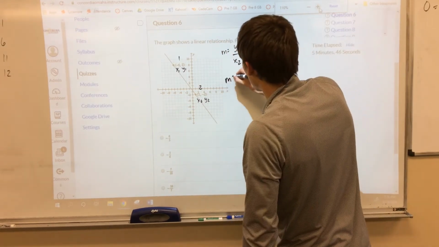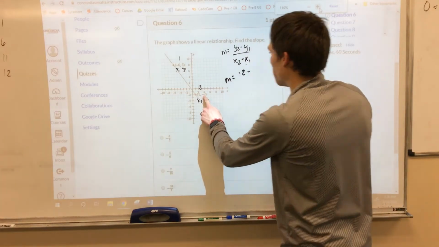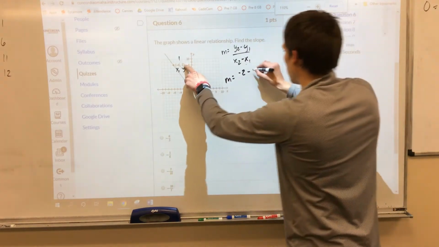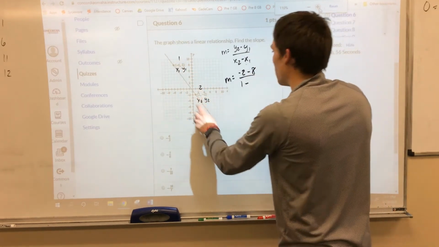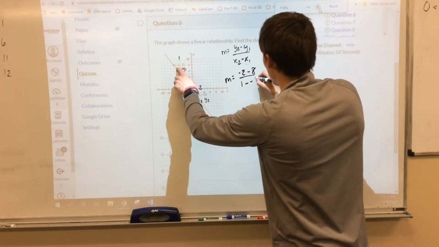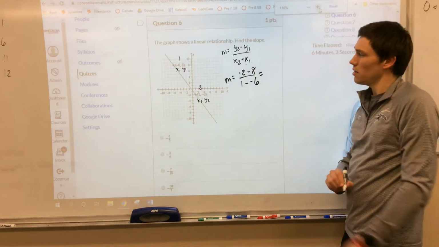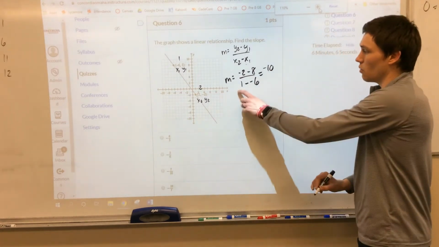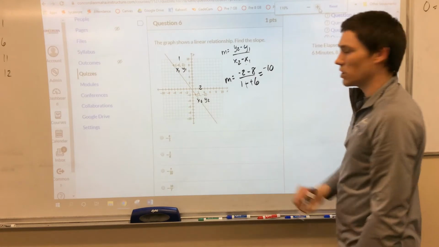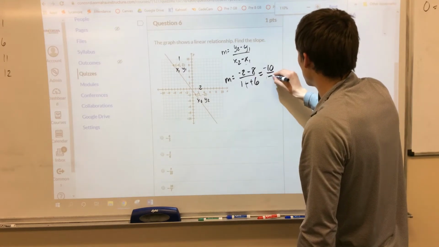So now, m equals y sub 2 is negative 2 minus y sub 1 is 8 all over x sub 2 is 1 minus x sub 1 is negative 6. So, negative 2 minus 8 is negative 10. 1 minus a negative 6, minus minus, plus plus, 1 plus 6, 7.